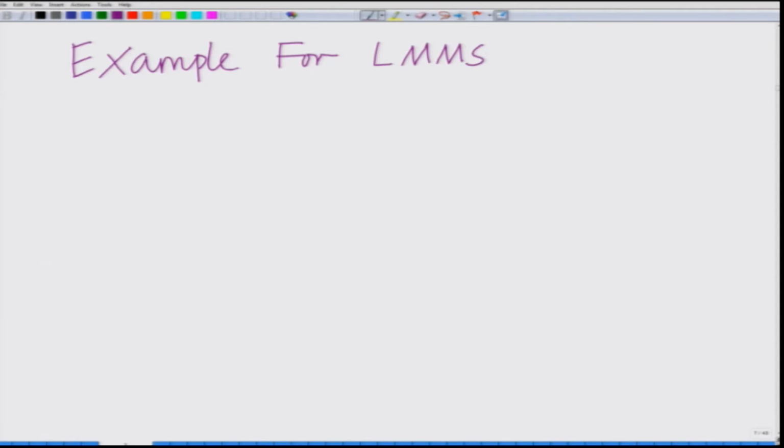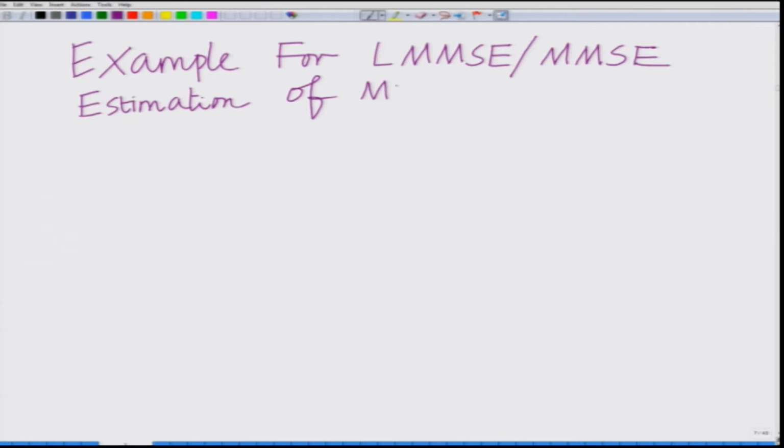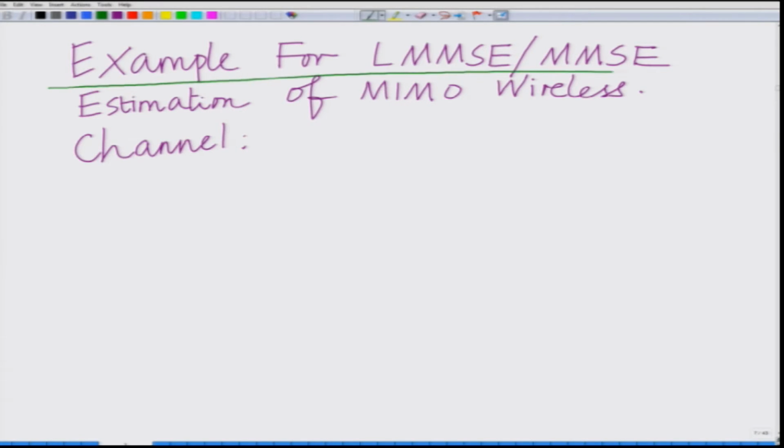Example for LMMSE or MMSE estimation of a MIMO wireless channel.